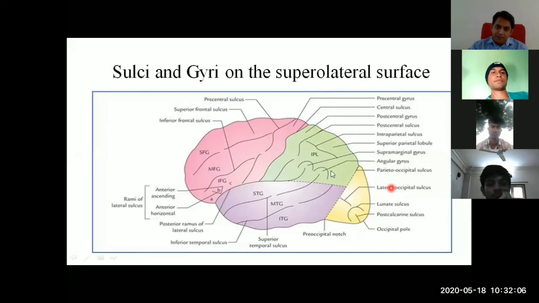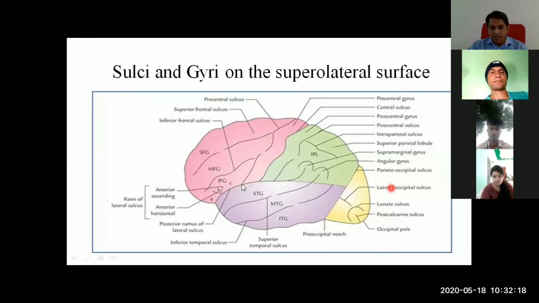Within the inferior parietal lobe, there are 2 more gyri produced by the rami extending from here. This is the posterior ramus of the lateral sulcus, and one more sulcus comes from the temporal lobe. The gyri produced are the supramarginal gyrus and the angular gyrus.